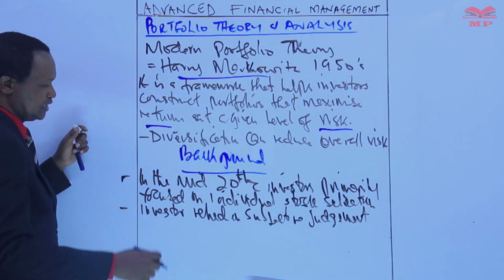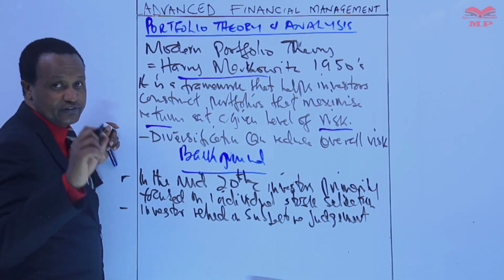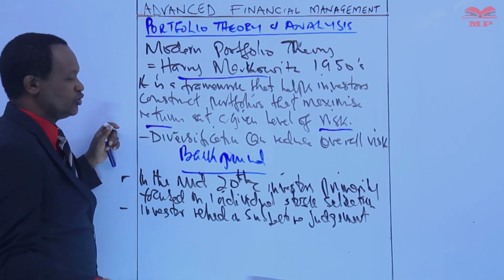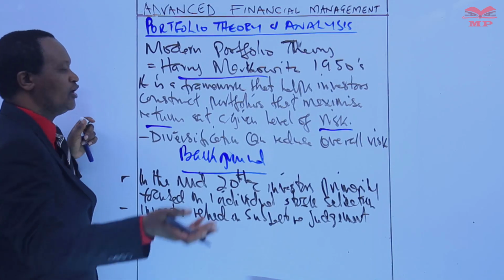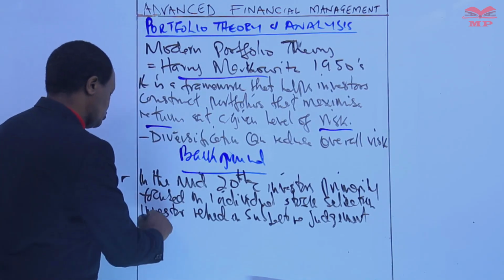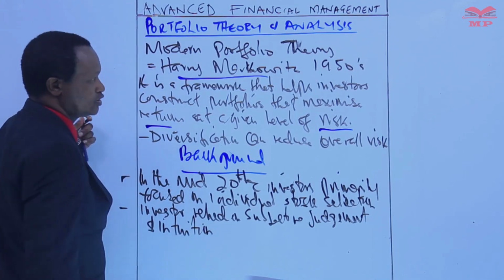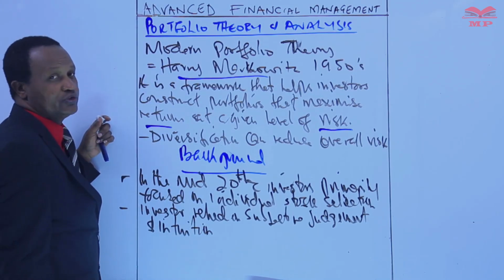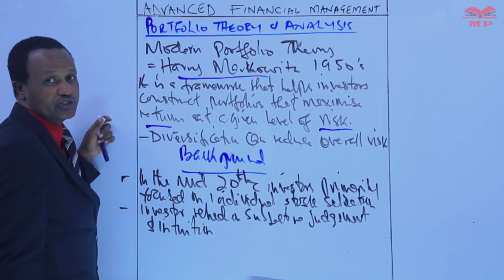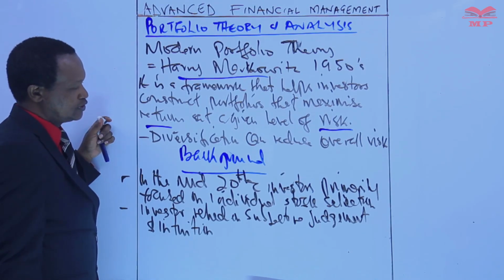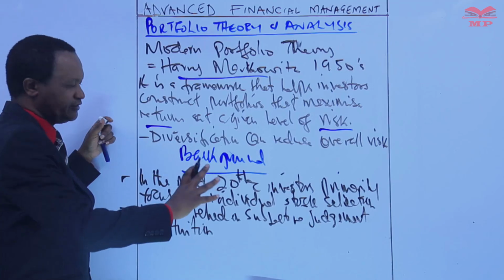Investors relied on subjective judgment. Okay, they relied on their own intuition without doing calculations for portfolio risk, portfolio returns, and all that. So these are just qualitative aspects.